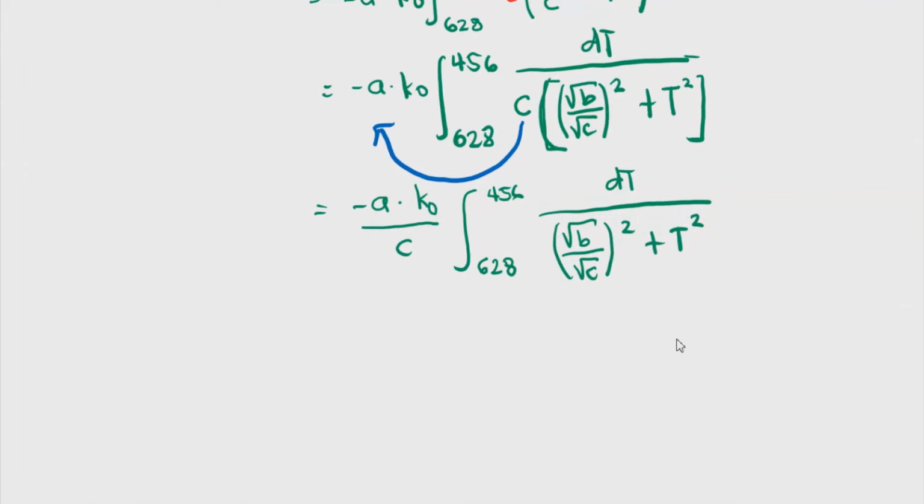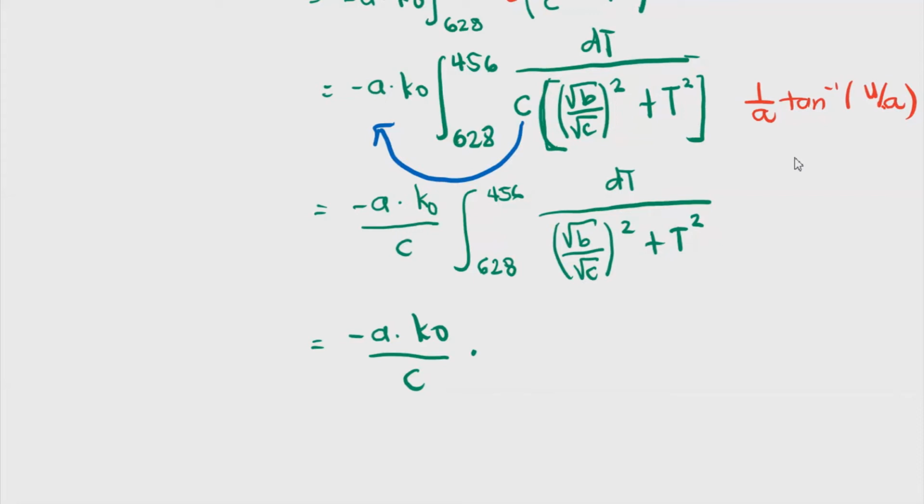So we have there negative a dot k sub o all over c. So sabi doon sa ating, ano nga ulit yun? Dun sa ating general rule, we have 1 over a tangent inverse of u over a. So, if that's the case, then this simply means that our a here is square root of b over square root of c.